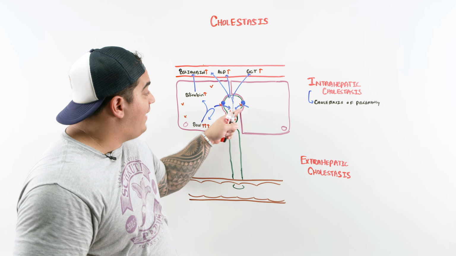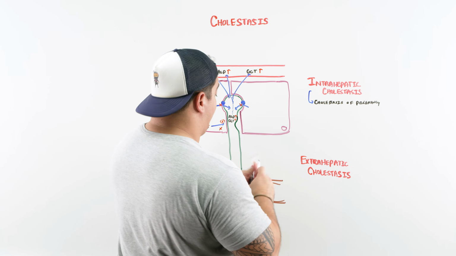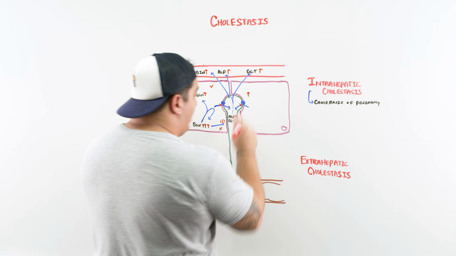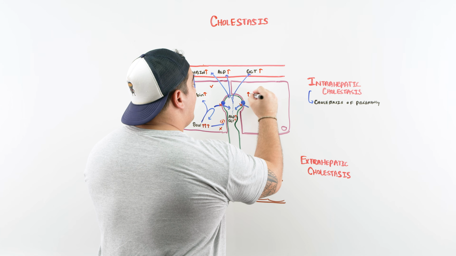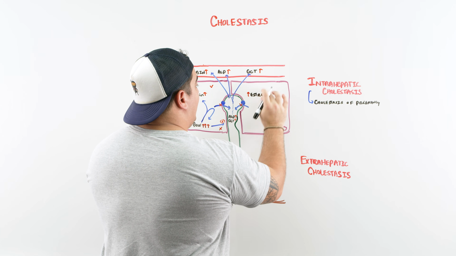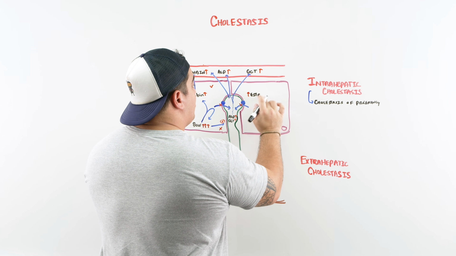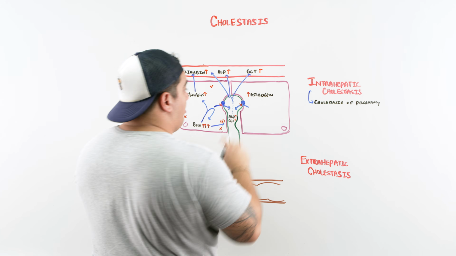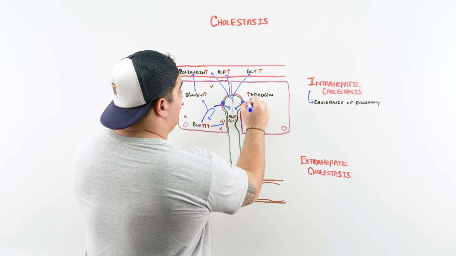And high levels of estrogen have really been linked, for some reason, to inhibiting this particular process. So high levels of estrogen are definitely linked to the inability to excrete particular bile components into the bile system. So that's one thing that can definitely do this.